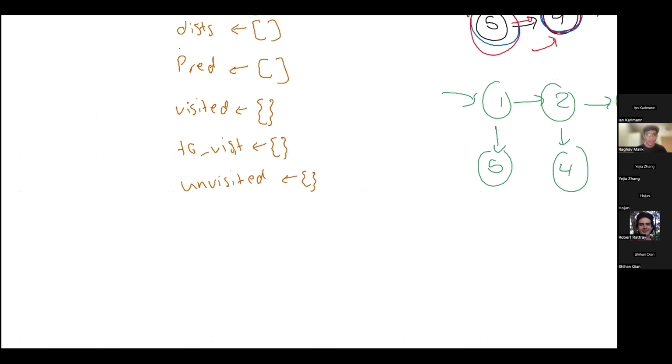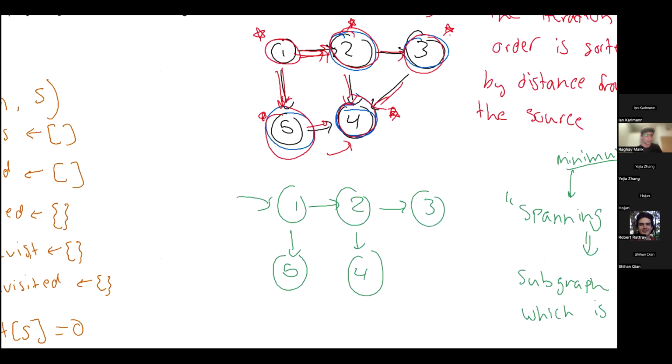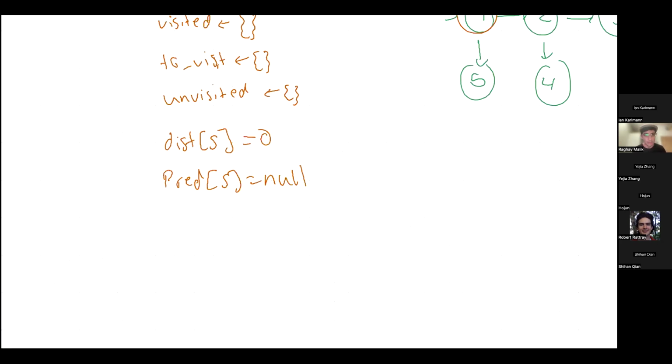So we can start by saying that the distance to the source is obviously 0, right? And the predecessor in our tree is null. It's the root of the tree, so we don't have a predecessor. And then we initialize a queue, and we enqueue our source node.